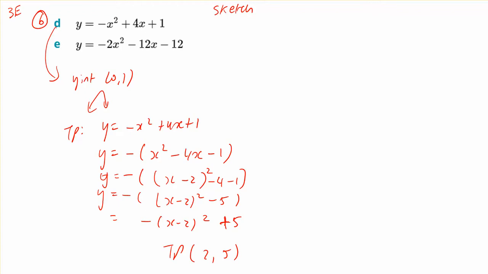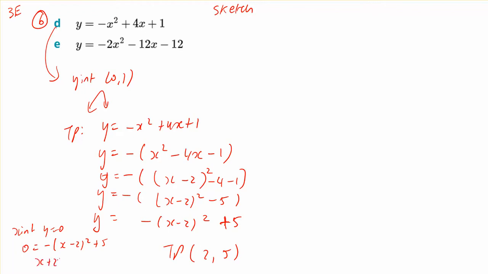Now we need to find the x-intercepts, otherwise we can't finish. So for x-intercepts, y equals 0. So I can literally say 0 equals y. So we've got (x minus 2) squared plus 5. I can move the (x minus 2) squared to the other side.